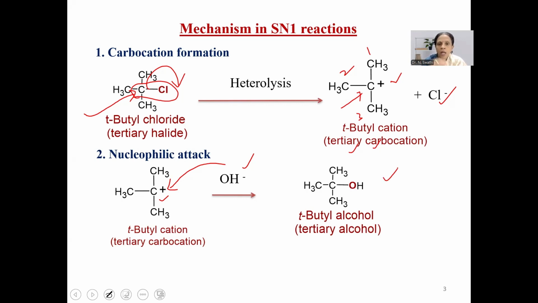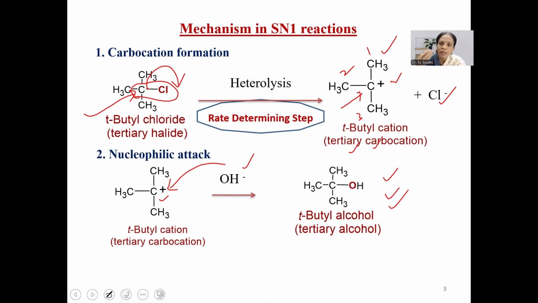as the product. Now in these 2 steps, if you see, the rate determining step is the carbocation formation, because how fastly or how easily or how abundantly we are going to get the tertiary butyl alcohol as the product, that depends on how easily we are going to get the corresponding carbocation in the first step.